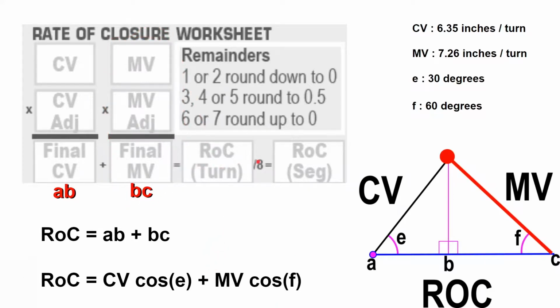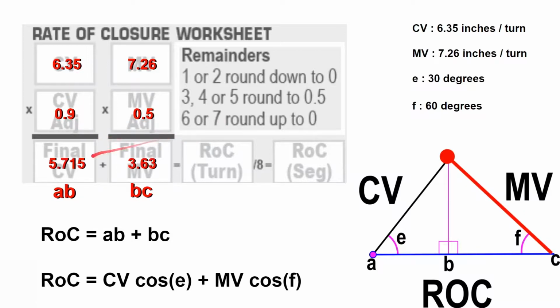So we start popping in the numbers. Crossing vector and muzzle velocity are pretty simple to put in. Now the adjustment, that's actually taking the cosine of this angle. So we have cosine of 30 and cosine of 60. And when we simplify, it's 0.9 and 0.5 respectively.